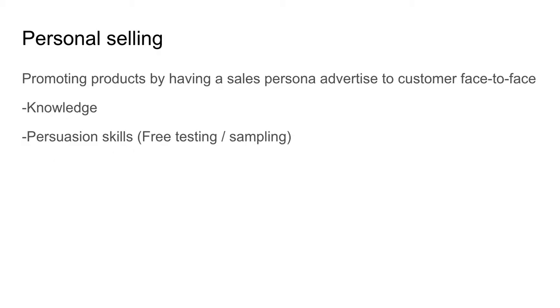So let's talk about some in more depth, which you might come across most likely during your daily life. So what personal selling is, basically, is promoting products by having a salesperson advertise to the customer face to face. For example, if you're going to visit a jewelry store, the salesperson will directly advertise the product, basically the jewelry, to you face to face.